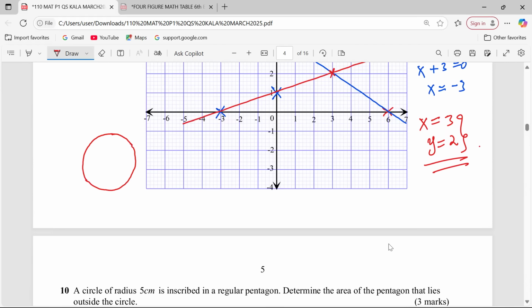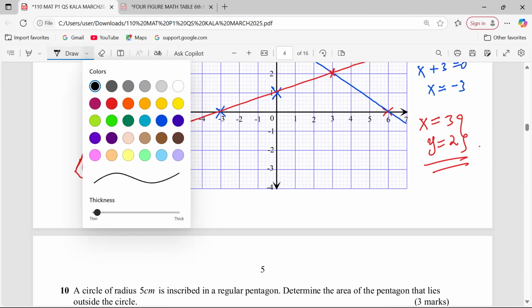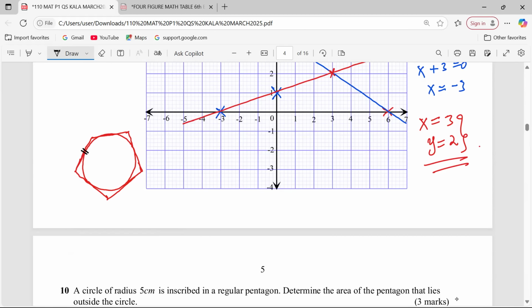So a 5-sided figure is such that the circle is inside, it is inscribed. A regular pentagon. How many sides are here? 1, 2, 3, 4, 5. Yeah, that one. It has been inscribed.